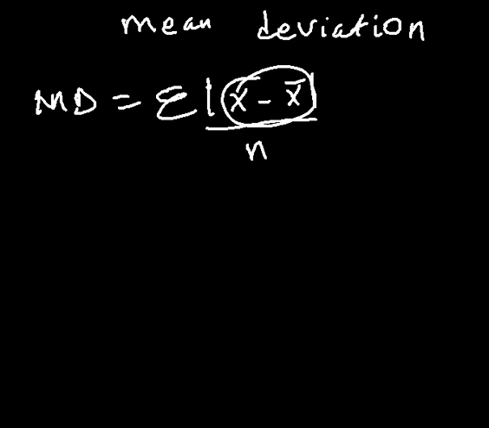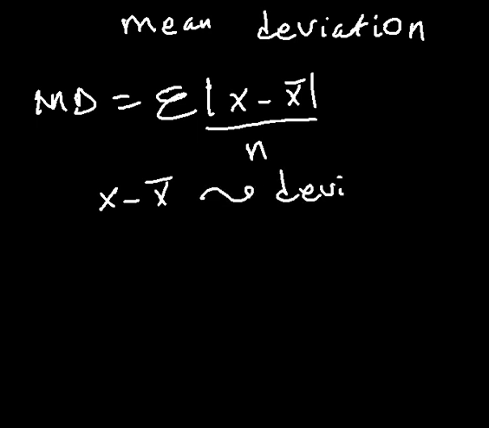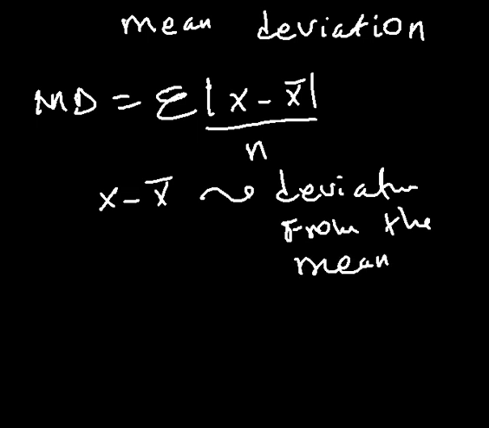So what do you think is x minus x bar? The difference between the data value and the mean is said to be the deviation from the mean. That is what we get as x minus x bar. And what is the deviation from the mean?